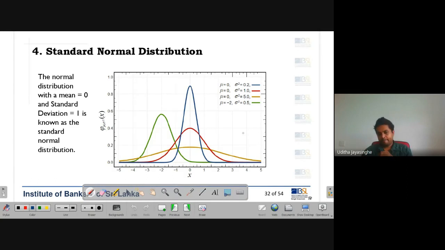But you have to convert those values to a mean of 0 and a standard deviation of 1. If you can do that, only then can a standard normal distribution be discussed. Otherwise, up until that point, all we can discuss is a normal distribution.